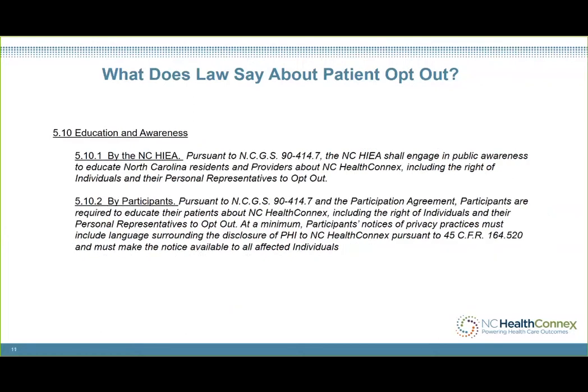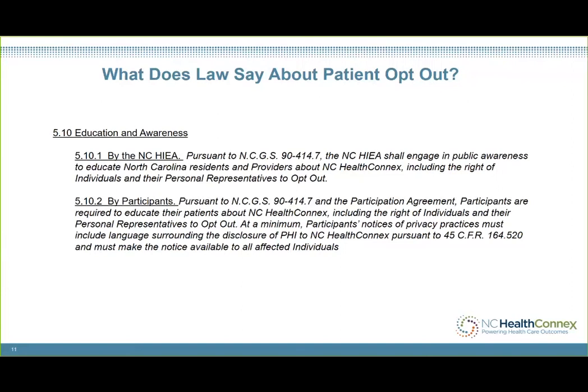Section 5.10 of the NC-HIEA Privacy and Security Policies comes from the law and reads as follows. Pursuant to the statute, the NC-HIEA shall engage in public awareness to educate North Carolina residents and providers about NC HealthConnex, including the right of individuals and their personal representatives to opt out.